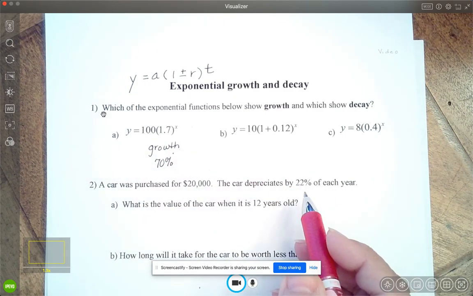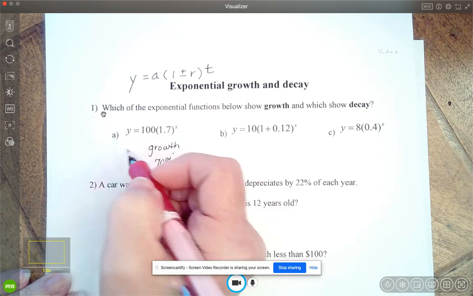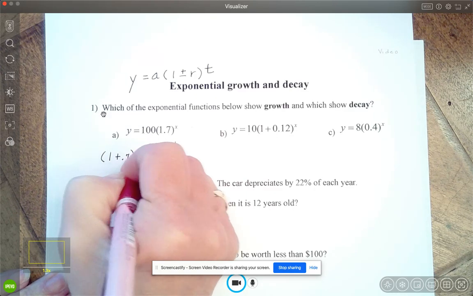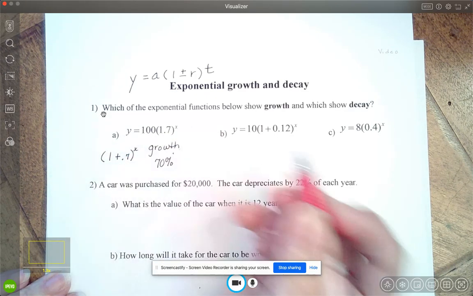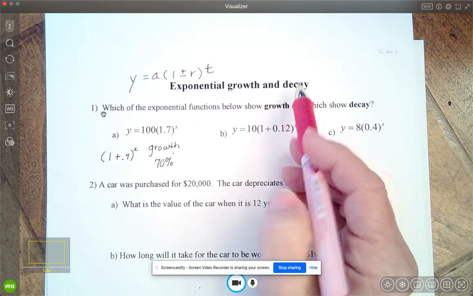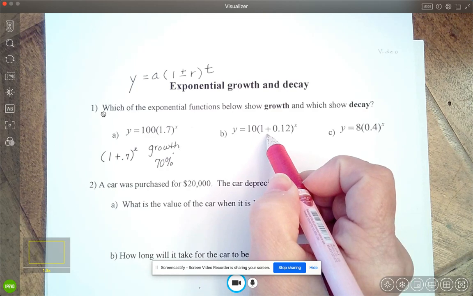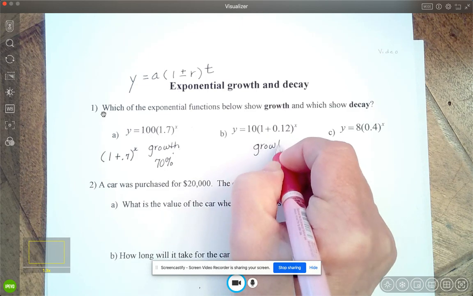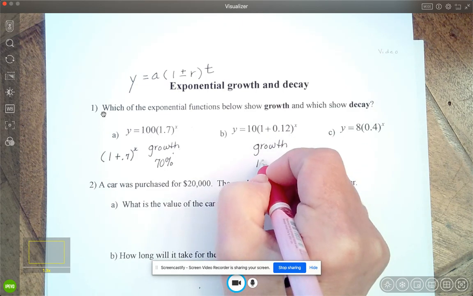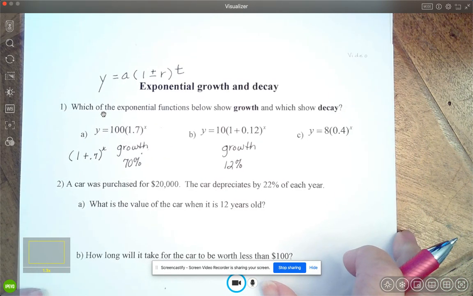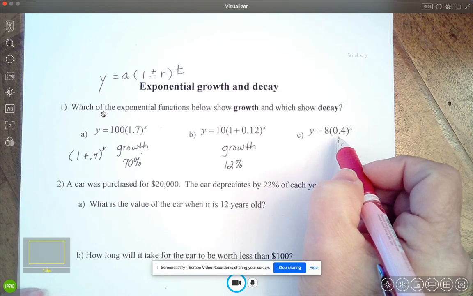Because if I put 70% in decimal form, that is 0.7, and I would have 1 plus 0.7 to the T value, or X value is what they have here. Okay, so that will be 70%. Right here, I can already see this is a plus, so this is going to be growth. And this will be 12%. 0.12 can also be 12%. This is going to be a decay.